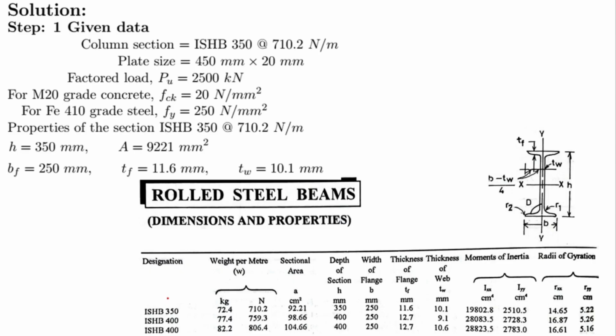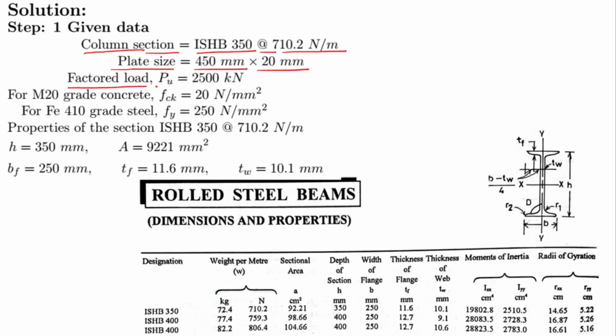First of all, I shall write the given data in step 1. The given column section as per the question is IS HB 350 at the rate 710.2 Newton per meter. Then the size of the plate is 450 mm into 20 mm.